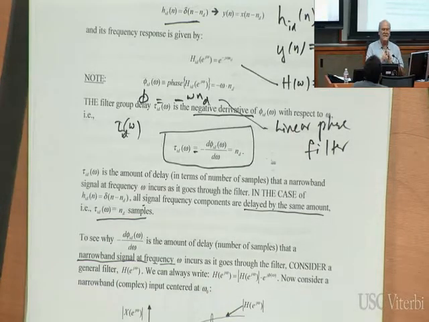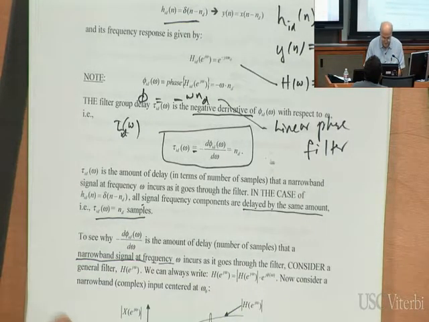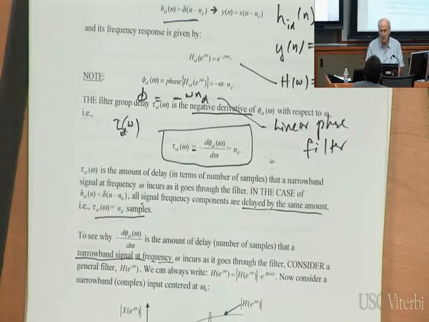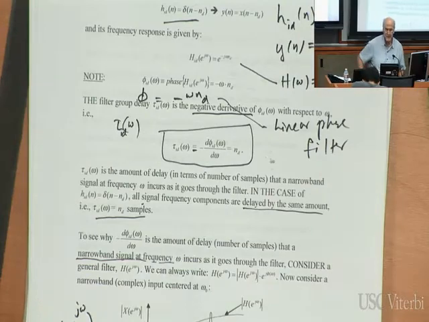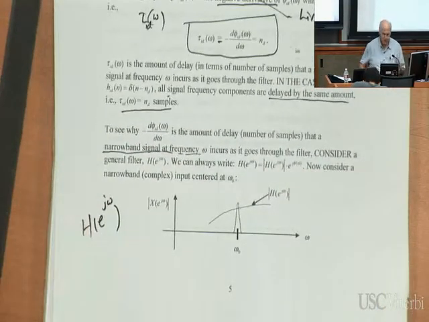To motivate that, to give you more insight into why that is the case, let me consider a general filter, H(e^(j omega)). It's a very general example.